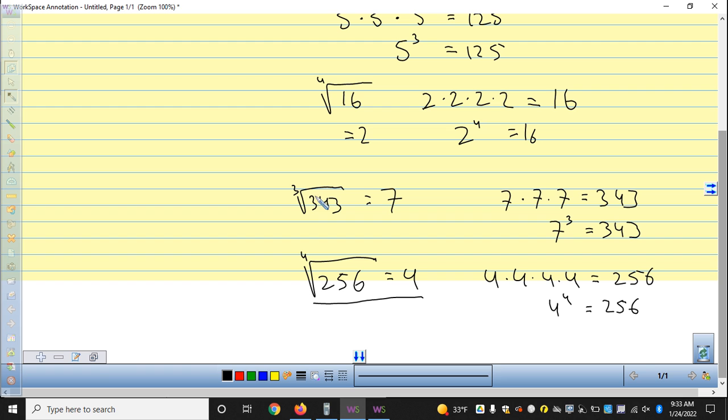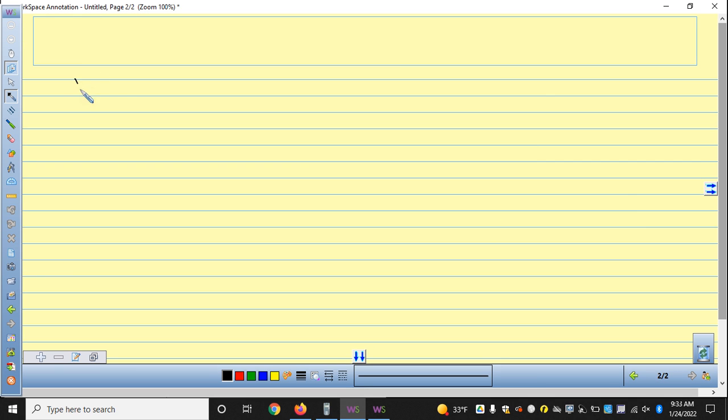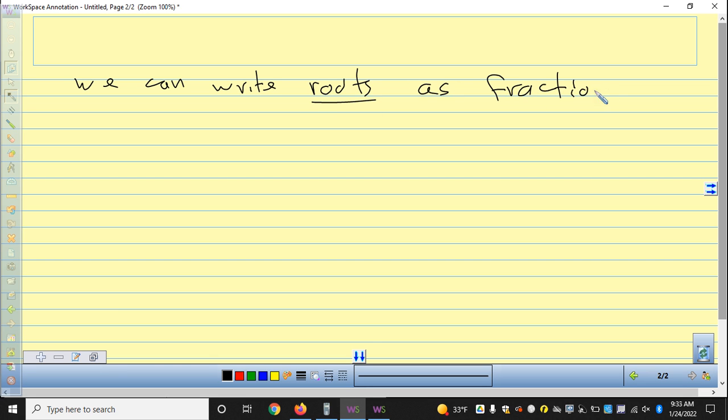Roots as exponents are fractions. So we can write roots as exponent fractions.